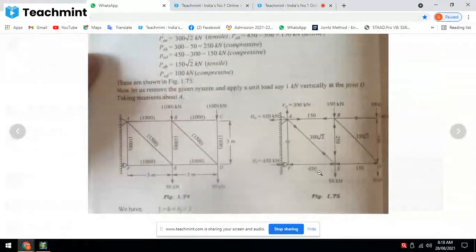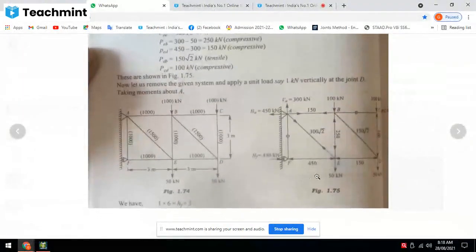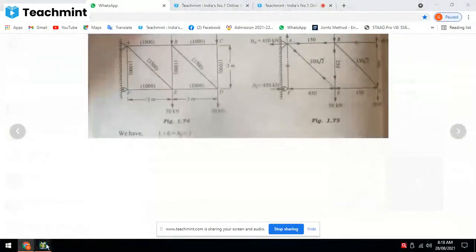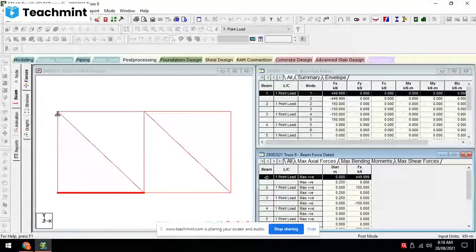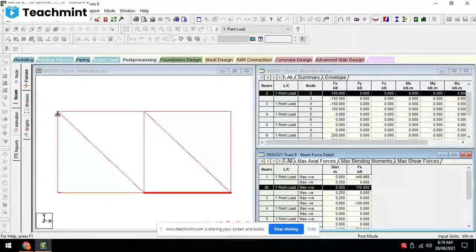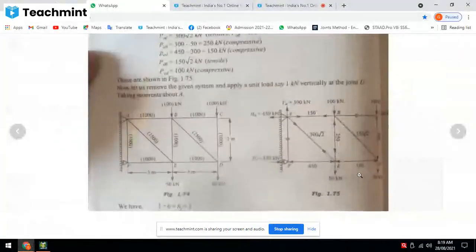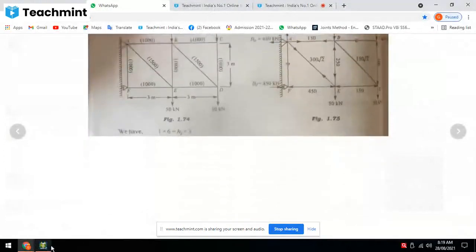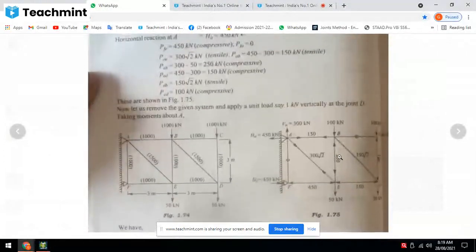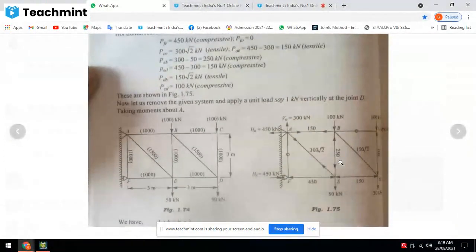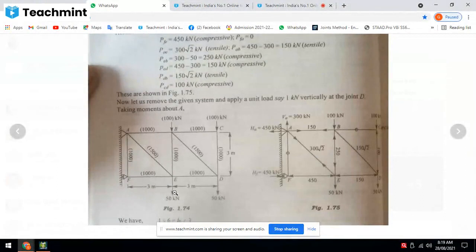Yes. In member FE, it is 450. You can see 450, yes, red color. At the right, you can see the black strip 450. Then it is 150. Yes. In this member, it is 150. Yes. In member ED, it is 150. Then we'll check the vertical member EB, that is 250, and BC and AB.